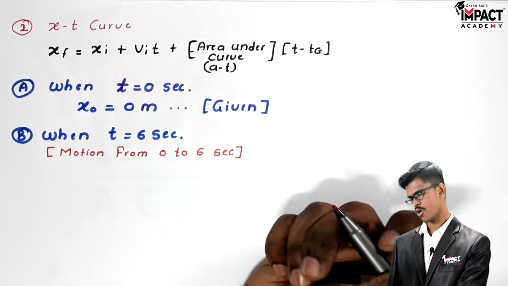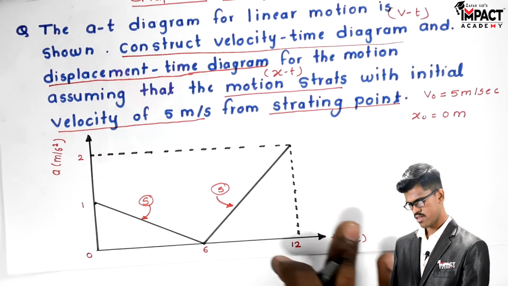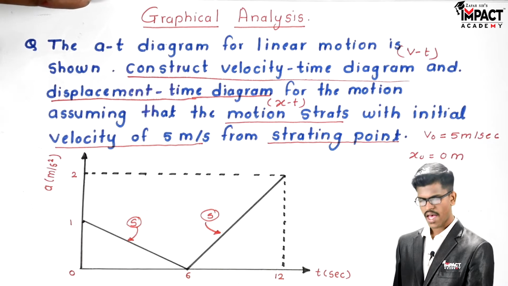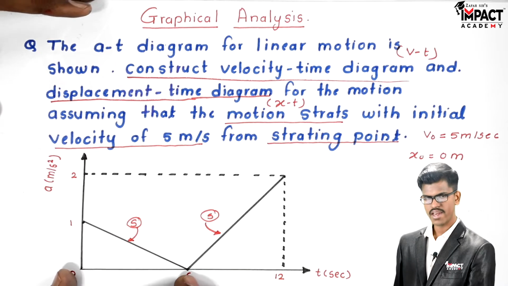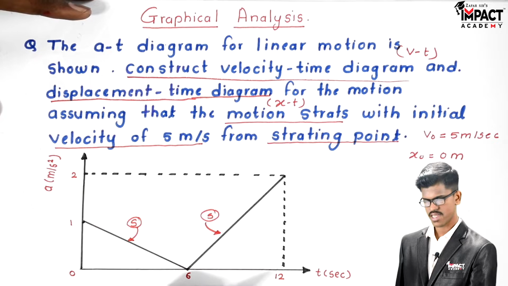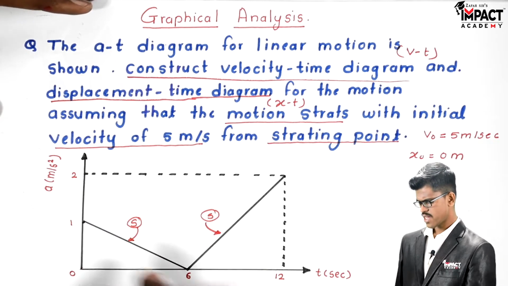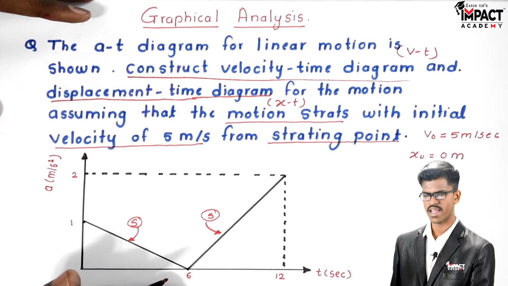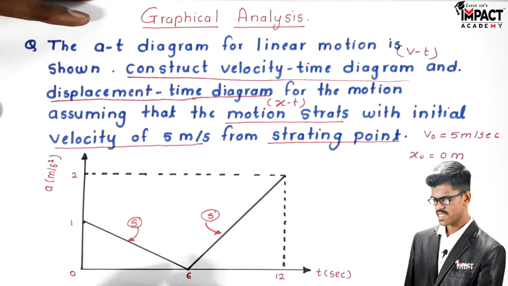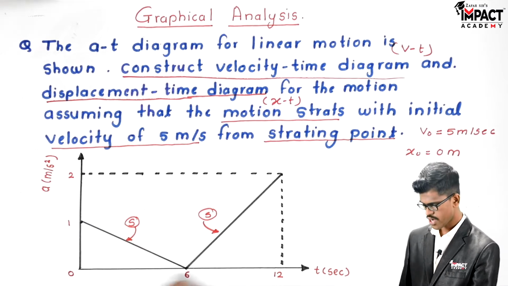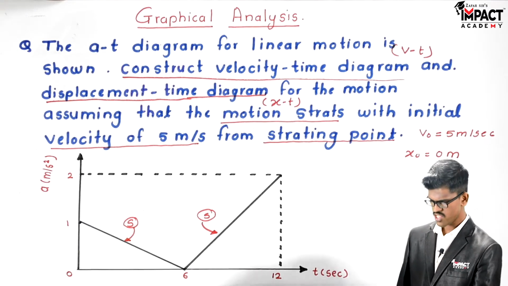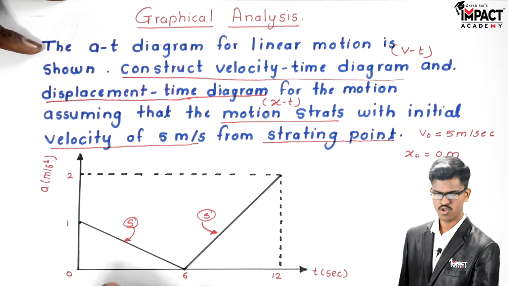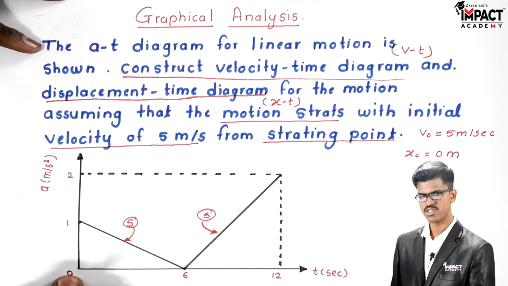For motion 0 to 6 seconds, xi will be x naught, vi will be v naught, time interval is 6 minus 0, that is 6 seconds. The area under the curve is a right angle triangle, we can find its area. The last one is tg, the x coordinate of the centroid of the given shape where we start the motion. So we start the motion from 0.